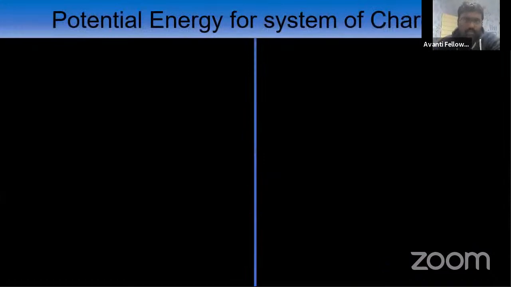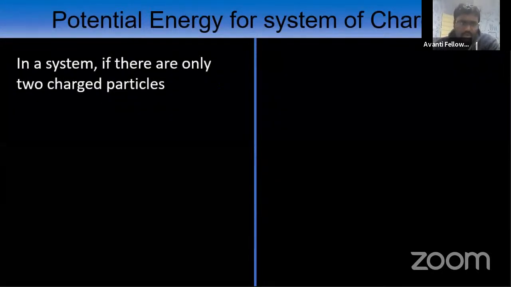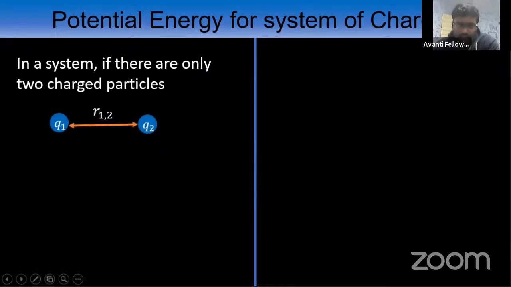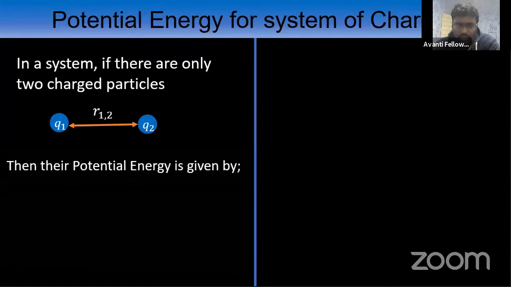Okay. Now, what happens if we have a system of charges? How do we calculate potential energy for a system of charges? We'll consider the first condition: if there are only two charged particles in a system, how do we calculate the potential energy?